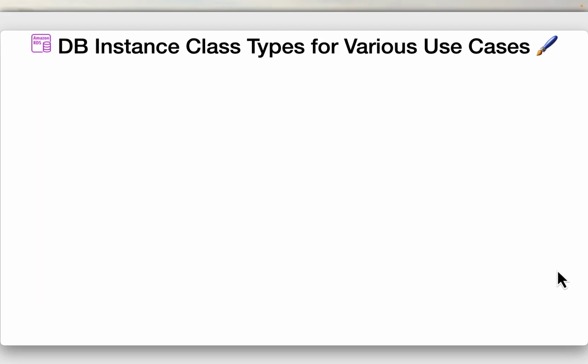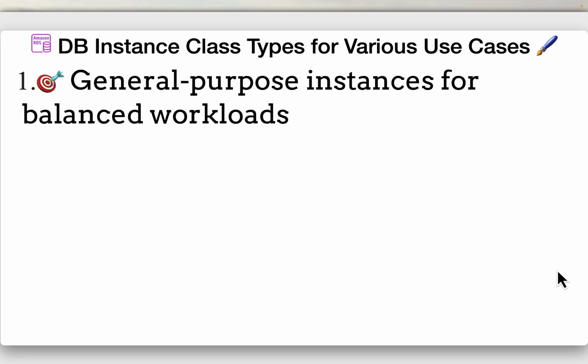Okay, DB instance class types for various use cases. So we'll see different class types. One is general purpose instances for balanced workloads. General purpose DB instance classes such as db.m6g and db.m5 provide a balance of compute, memory, and network resources suitable for a wide range of workloads.